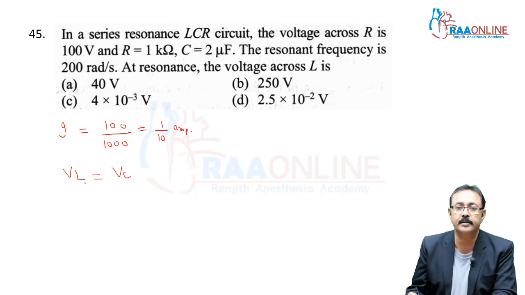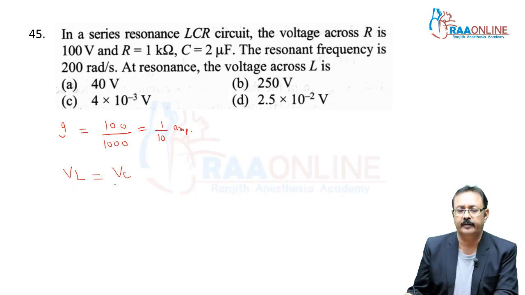That's why resonance is happening. L was not given, but they want to calculate VL. So calculate VC. What is VC? I into XC.